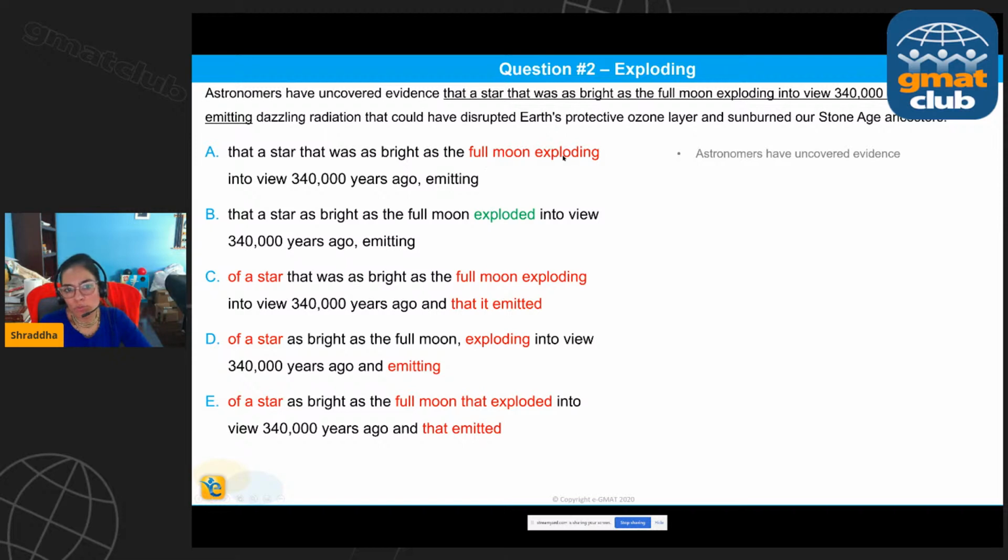So definitely full moon exploding is wrong. Also, you can see another point here. You remember when we were talking about the structure of the comma plus verb ing modifier, we said that it must be placed after a subject verb pair. But if you see, we know that it should talk about star that exploded, and that action of explosion led to the emission of the dazzling radiation.